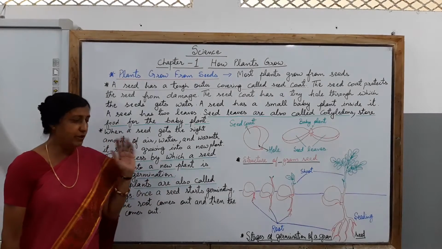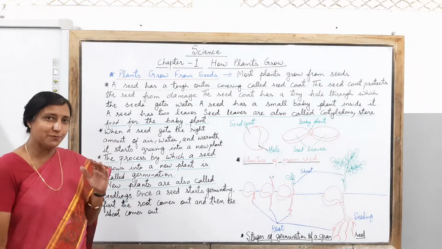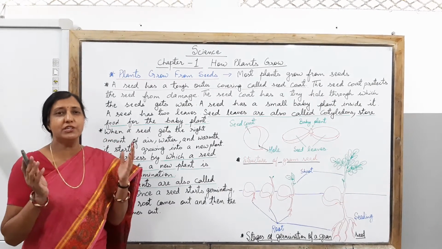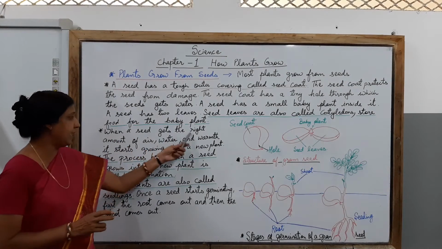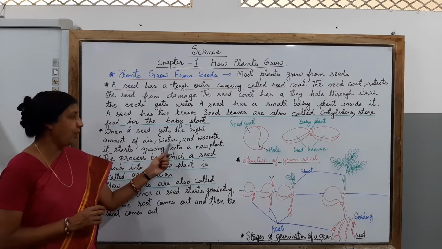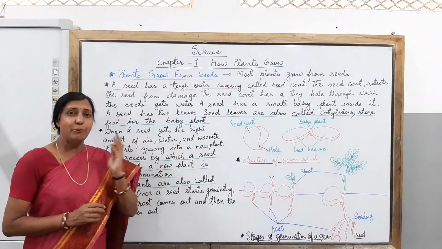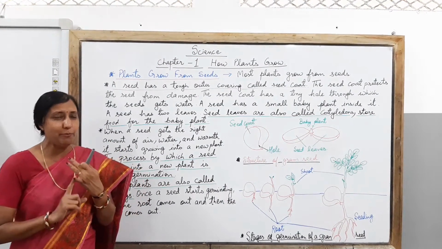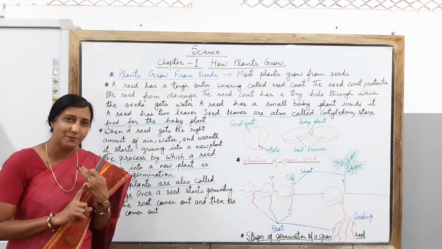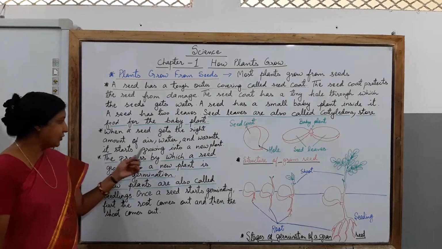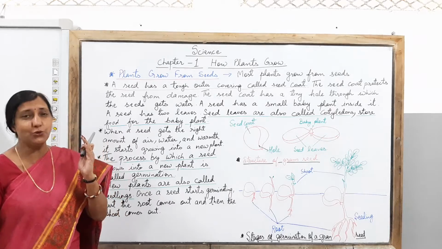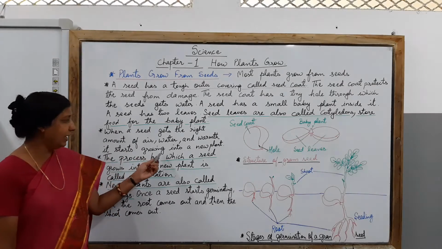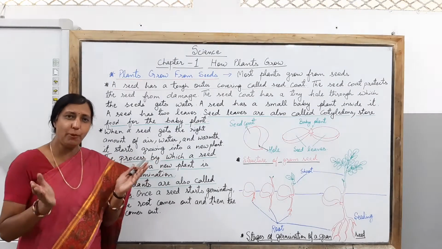Next, children, you will be knowing about the stages of germination, and what germination is all about. So children, when a seed gets the right amount of air, water and warmth, remember, these three things are very important for the growth of a plant. It starts growing into a new plant. If these three things are provided, it will be able to grow properly.